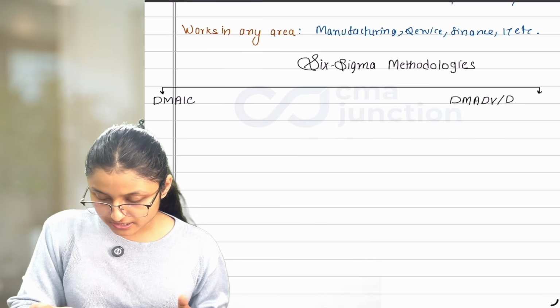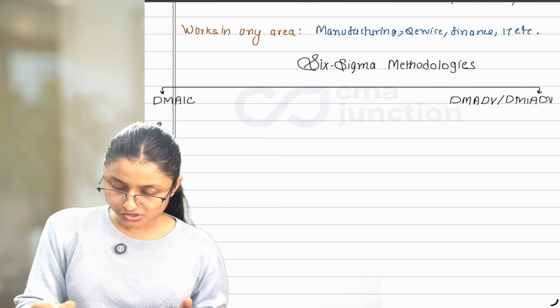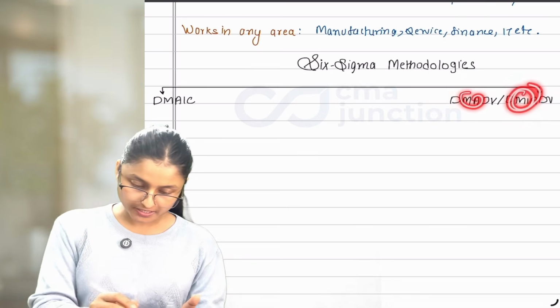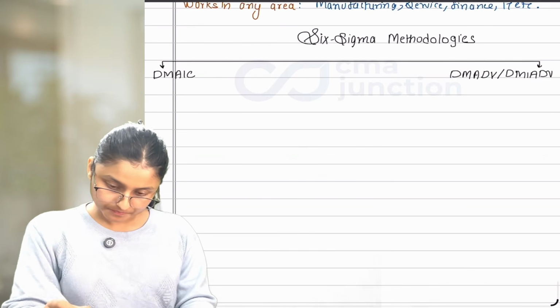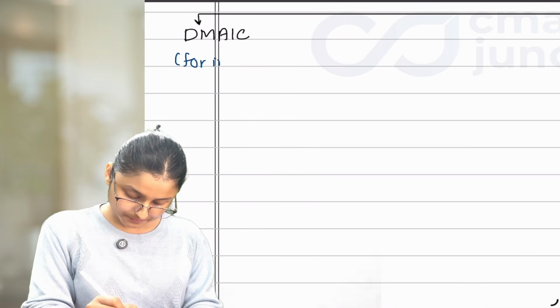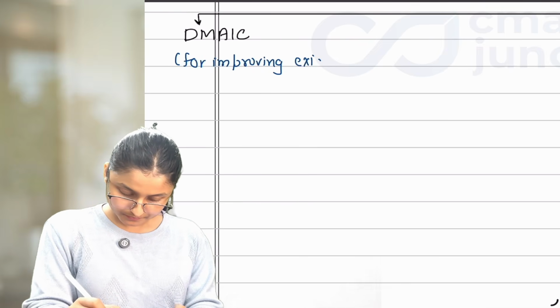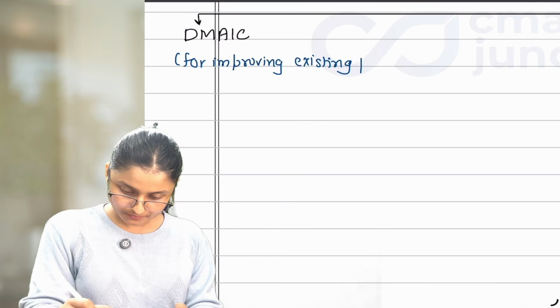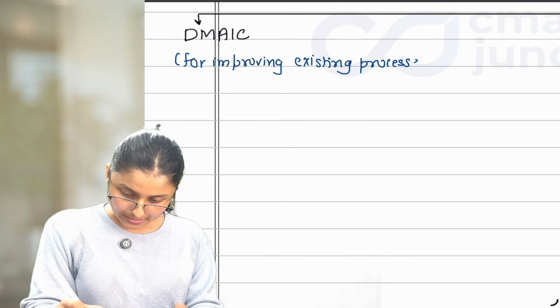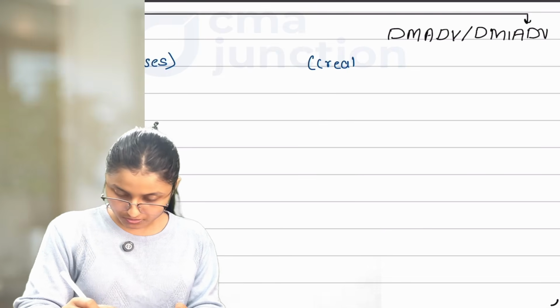You can call it DMADV or DMIADV because in the measure step we have measure and identify. Now, DMAIC is for improving existing processes. And DMADV is for creating a new process.